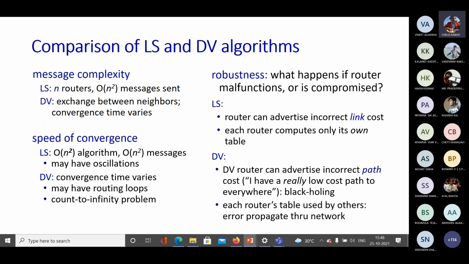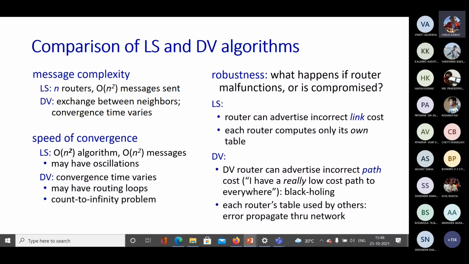With respect to robustness, that means what happens if the router malfunctions or is compromised. In those respects, for link state algorithm, the router can advertise incorrect link cost, and each router computes only its own table. So there's a restriction here when it comes to LS algorithms.